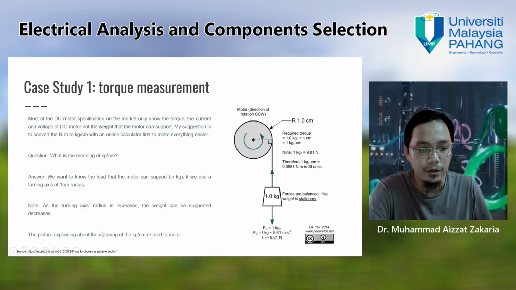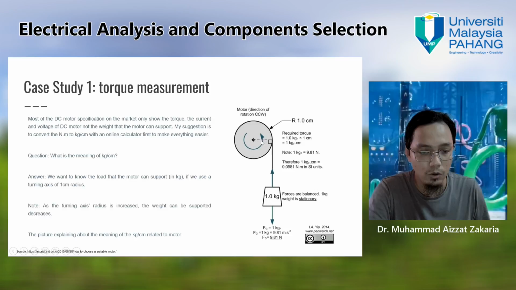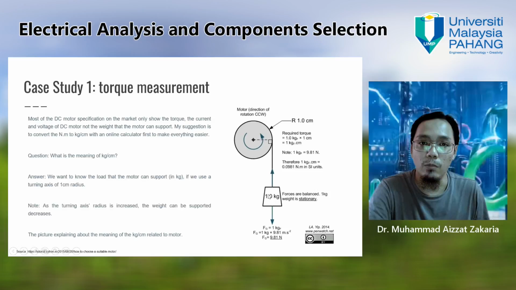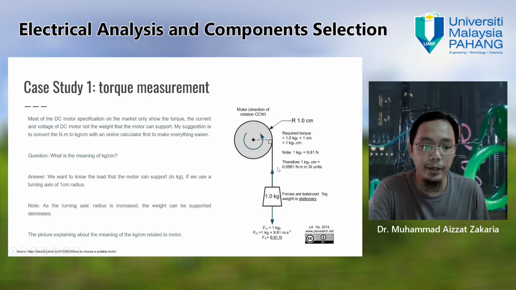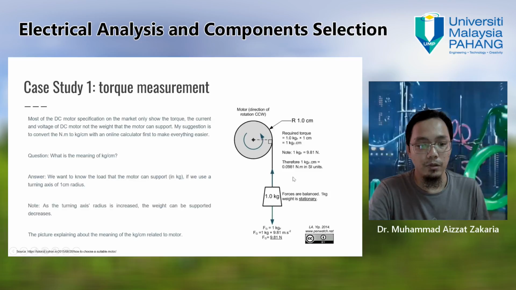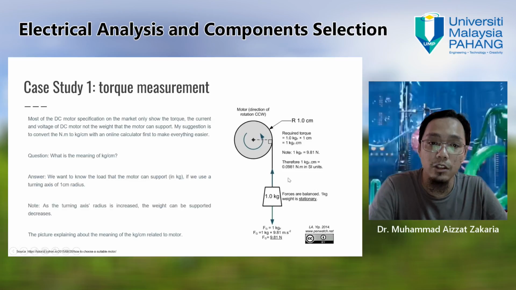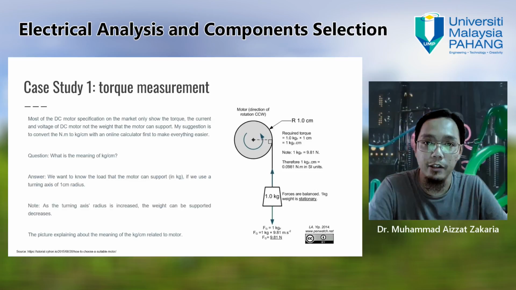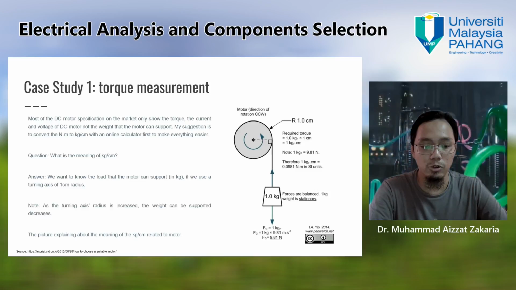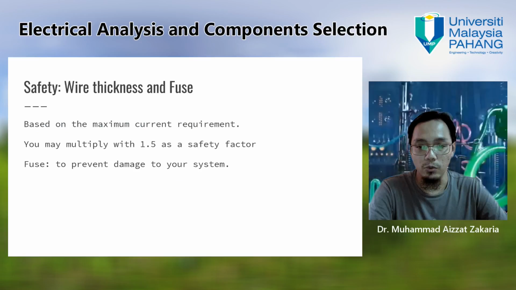For example, here we have 1 centimeter of radius for our motor shaft that can balance 1 kilogram of load. So we can say that our torque is equivalent to 1 kg cm. If we convert into Newton meters, you will get 0.0981 Newton meter in SI units. This is one example of how we do torque balancing in our system.